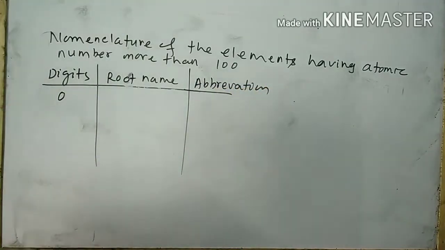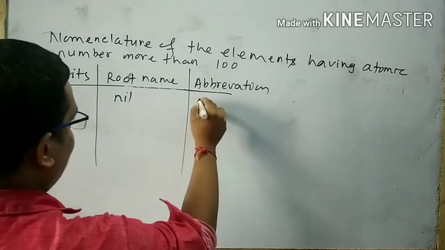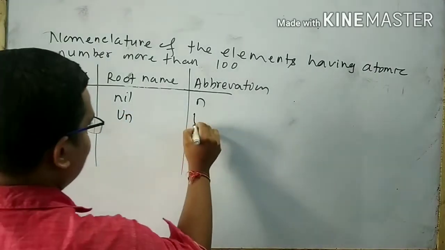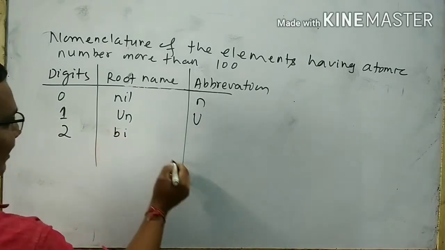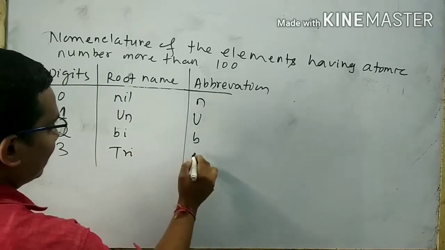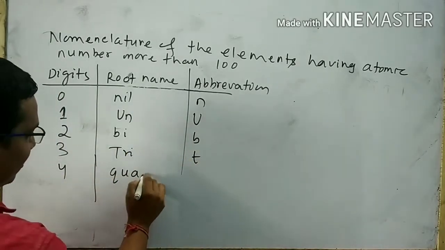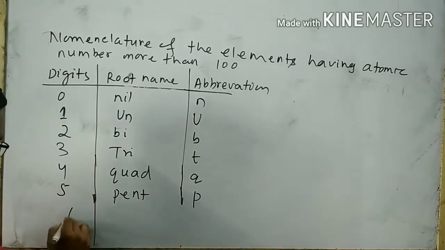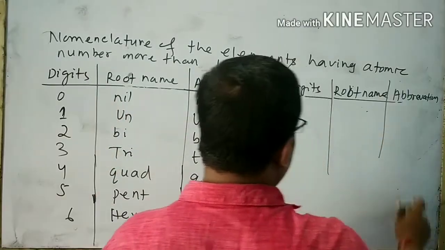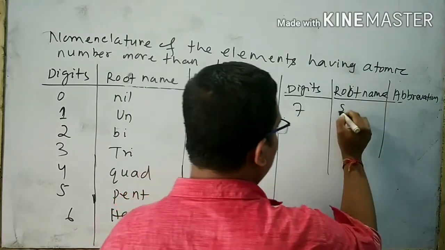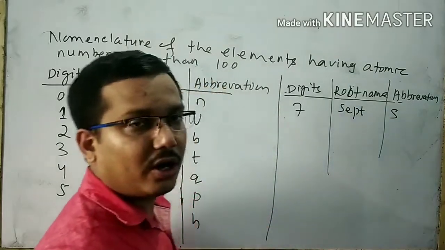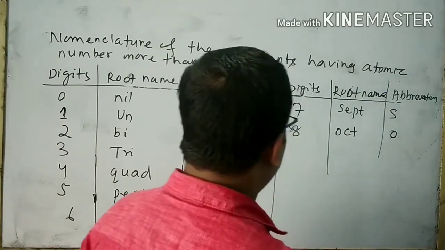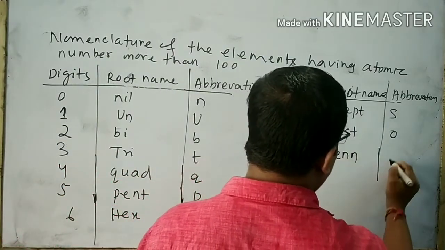If the digit is 0, we use nil and the abbreviation is N. If the digit is 1, the root name is un and the abbreviation is U. Similarly for 2, the root name is bi, the abbreviation is B. For 3, tri, the symbol is T. For 4, quad, the symbol is Q. For 5, pent, the symbol is P. For 6, hex, the symbol is H. For digit 7, the root name is sept, the abbreviation is S. For digit 8, the root name is oct, the abbreviation is O. For digit 9, the root name is enn and the abbreviation is E.